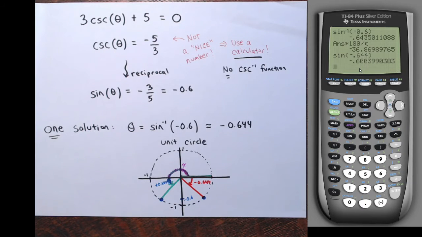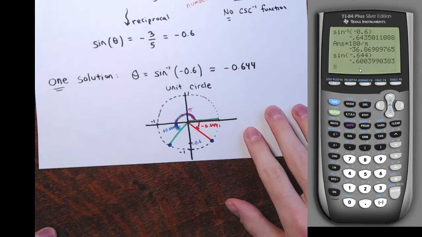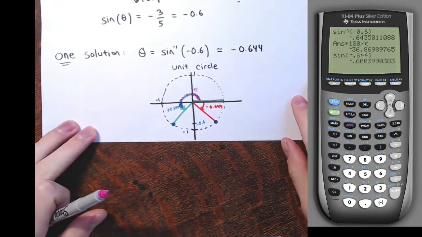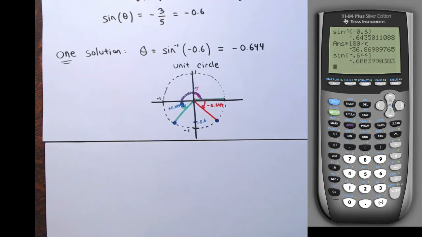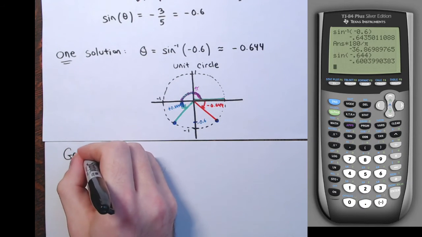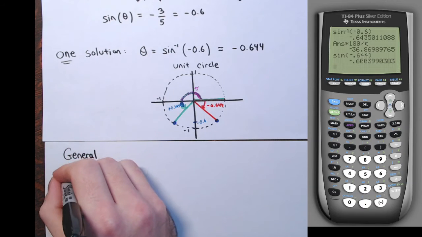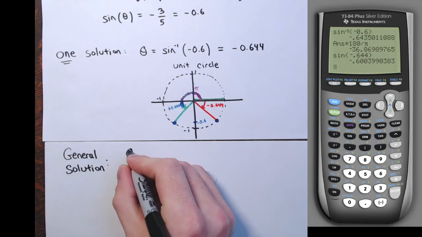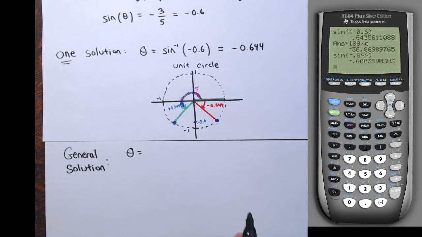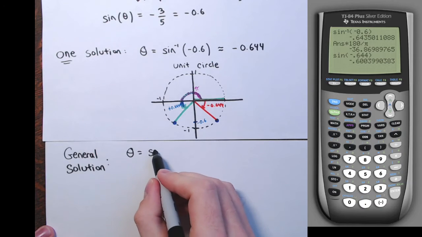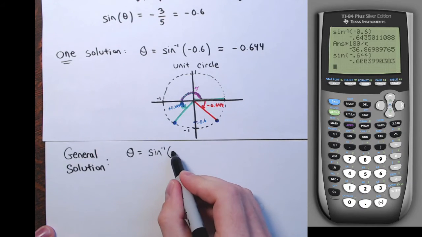So our solutions, and I'm going to write out the general solution, a description of all of them. So the general solution to this equation: one of these branches will be theta equals the inverse sine of negative 0.6.